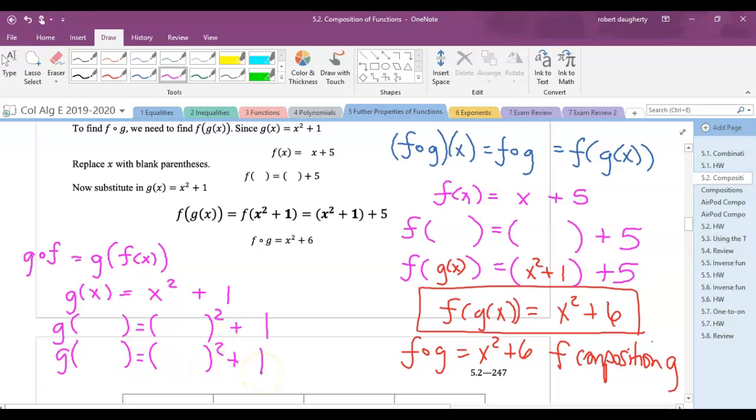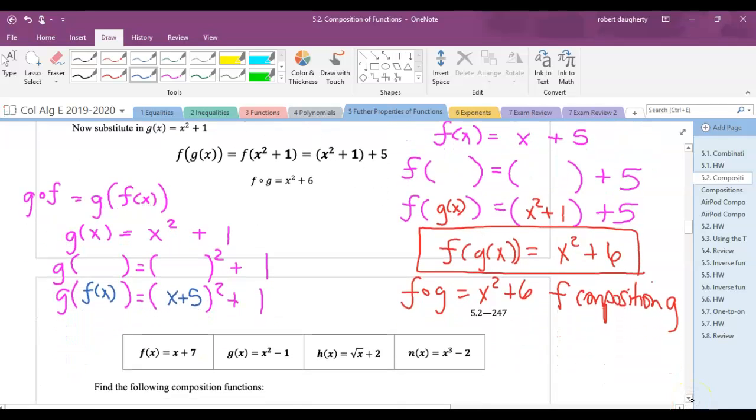Now, what needs to get substituted into g? F of x. What is f of x? X plus 5. So this tells me that g composition f is x plus 5 squared plus 1. So this is the function you get from g composition f.